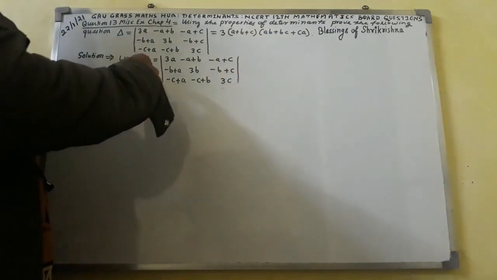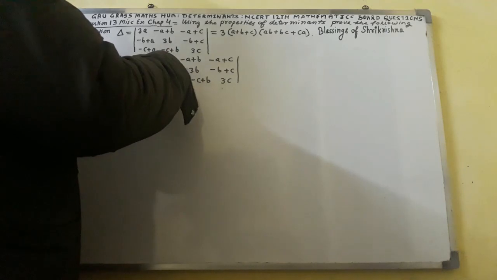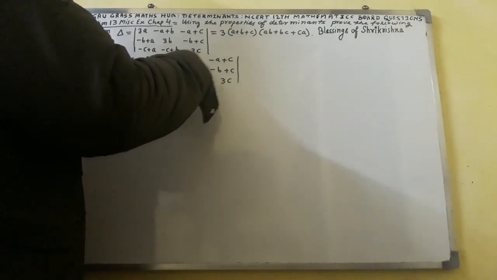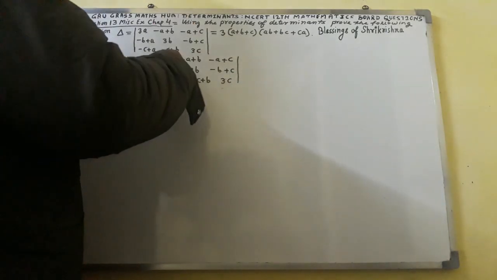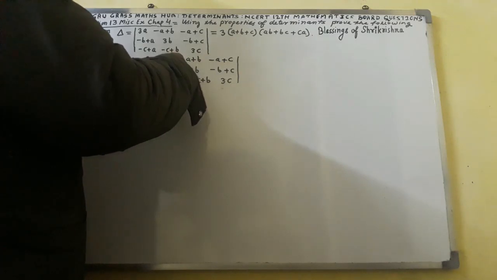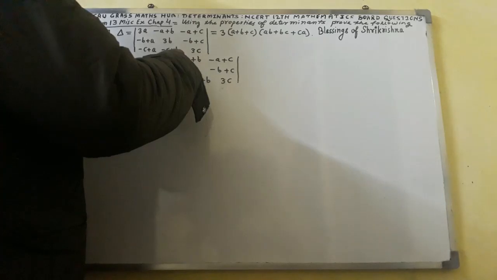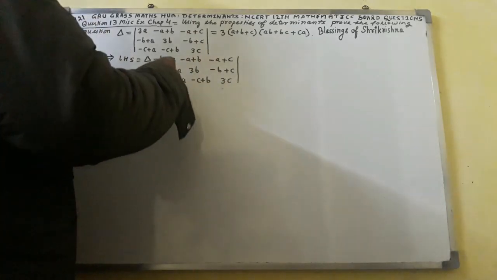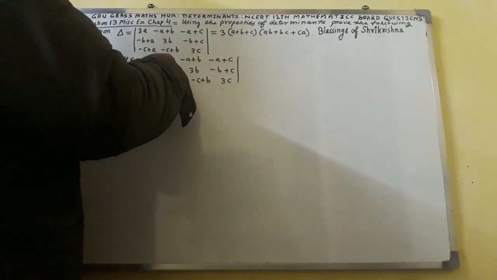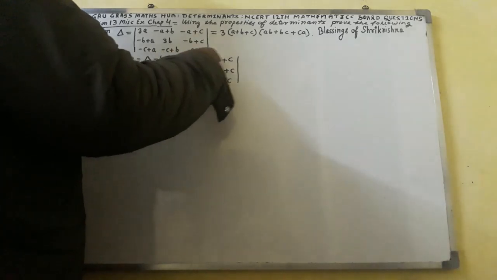Here you can see in the first row of the determinant, if you add minus a plus b plus c, minus a plus minus a comes out to minus 2a, added to 3a comes out to a. So you will get a plus b plus c.